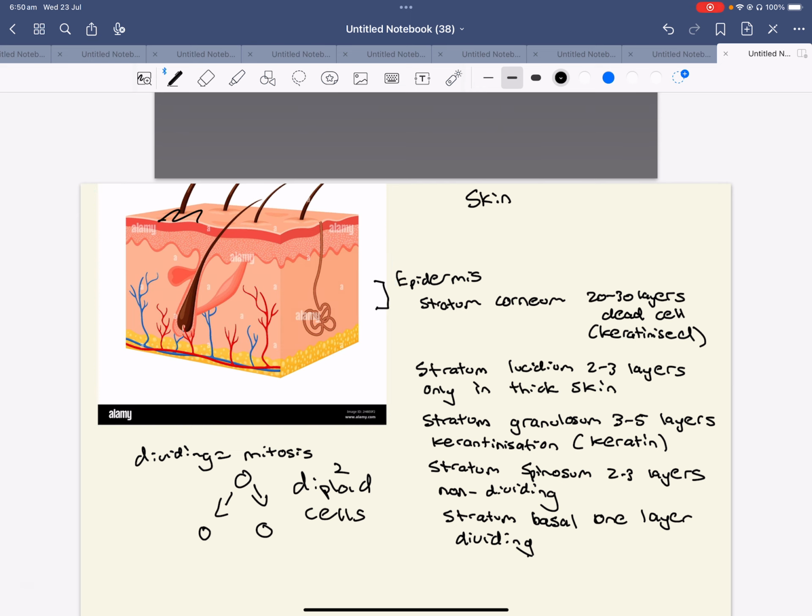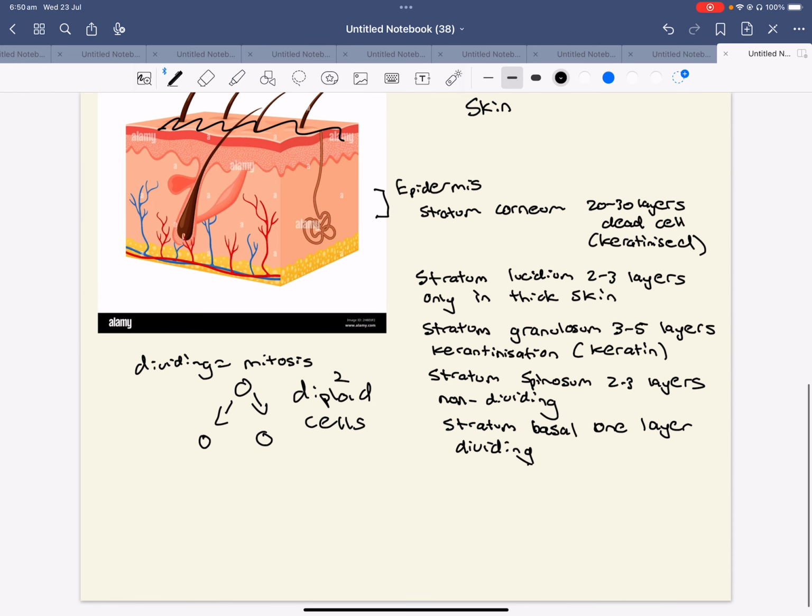What will happen is the basal layer will start proliferating and growing more, and the extra cells will push up to the top. So it'll get a new layer of cells, right? So it'll be rapidly dividing. That's why the basal layer is rapidly dividing.